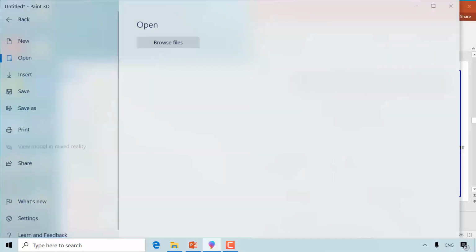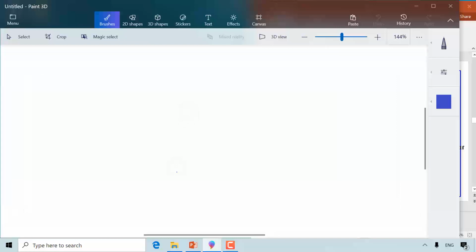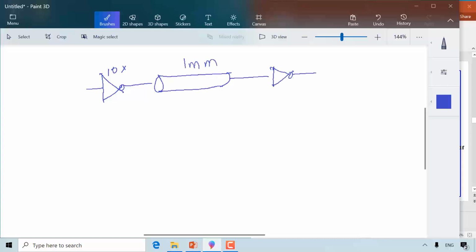In this example, what he's asking me to do is, he has a driver of size 10x, running through a 1 millimeter wire to a receiver, and this receiver is 2x. What he wants me to do is to convert this circuit into a simple RC circuit.